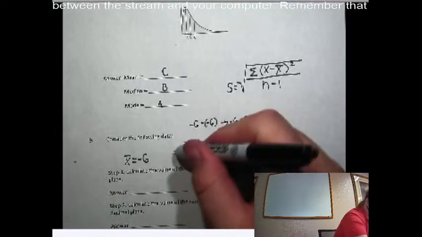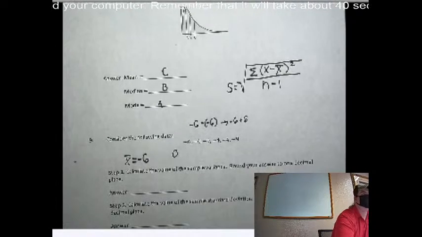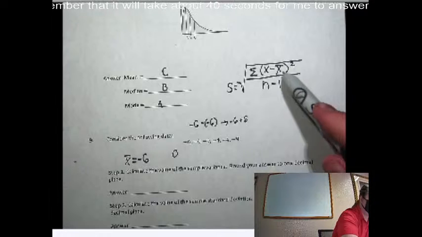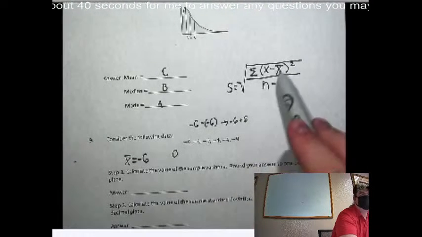So that's 0. And so all of these are going to be plus 6 instead of -6 because of that double negative.